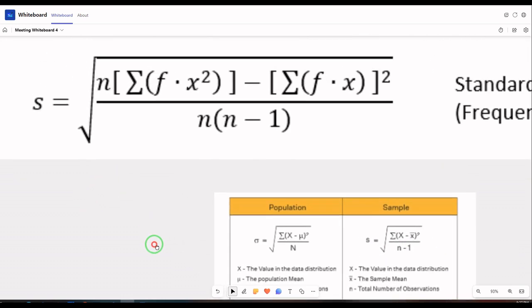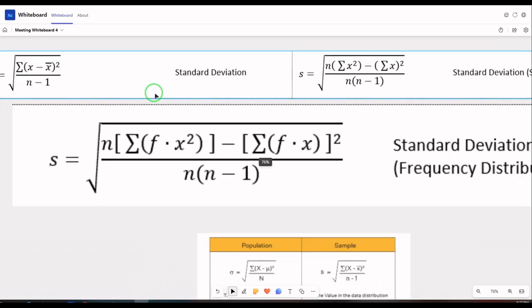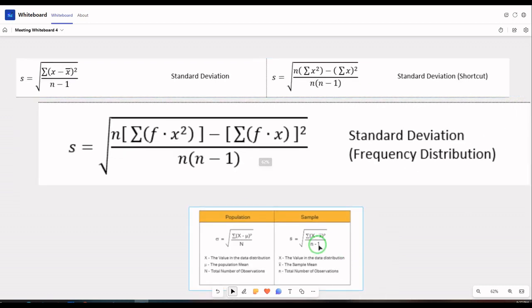And if you compare it with these two formulas on the top, it's exactly the same thing. This formula is exactly the same as this thing. These two formulas, which I copied here, next to one another, are different forms of a standard deviation for a sample.